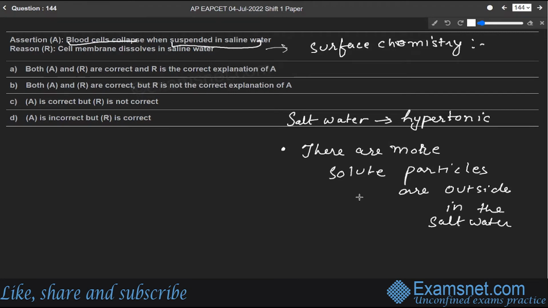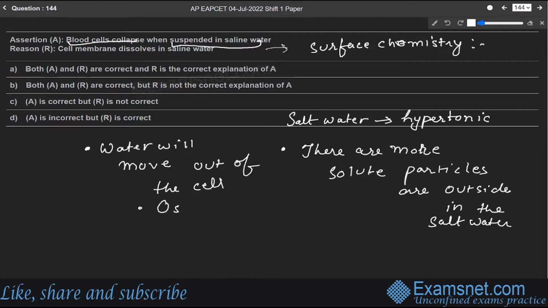So with the saline water outside, and inside you see the blood cell, water will move out of the cell, and that particular process is known as osmosis.